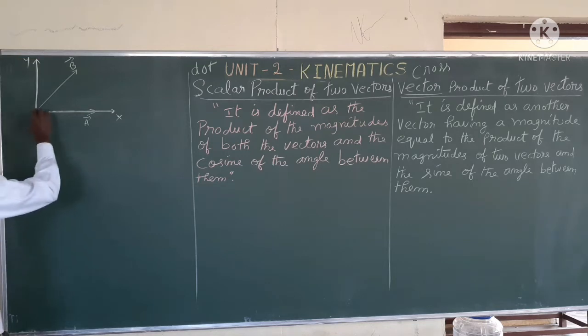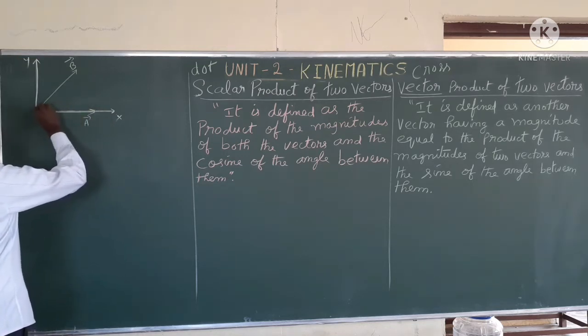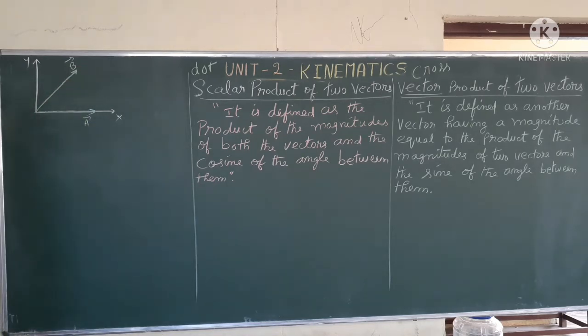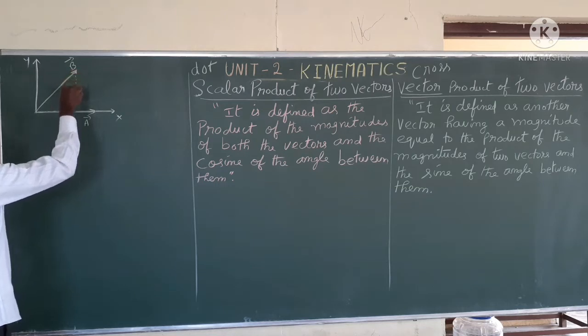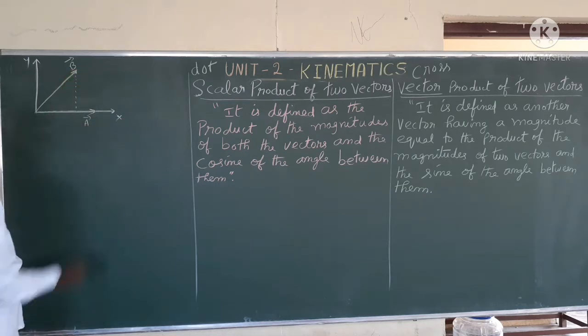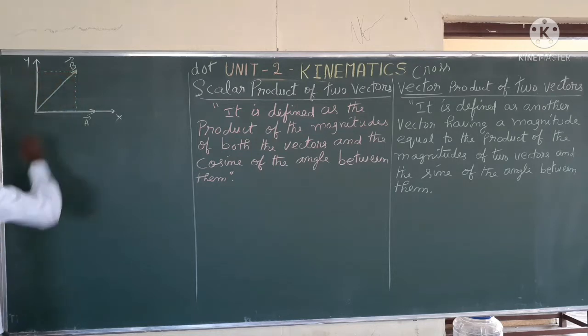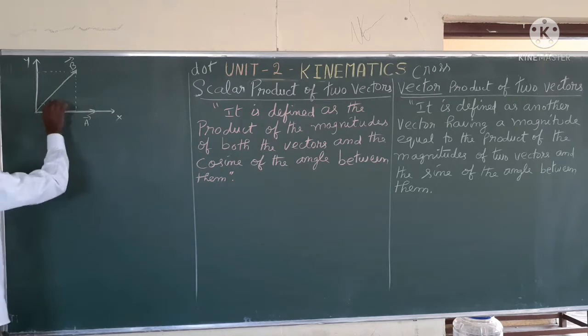Now I want to find out the position of b. How to find out? Just draw a perpendicular line from b on the a vector and on the y axis. So these two vectors make an angle theta.